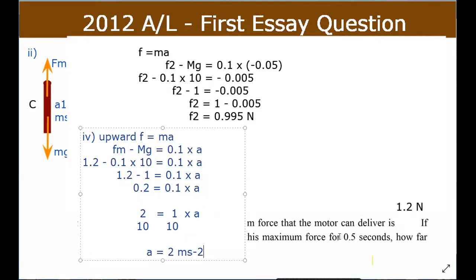Right. So they ask the maximum velocity. If this force is applied for a period of 0.5 seconds, what is the maximum velocity obtained by this segment C? What should I do to find the velocity here? The acceleration is 2 meters per square second. The force is applied for a period of 0.5 seconds. So it means the object moves with this acceleration of 2 for a period of 0.5 seconds.